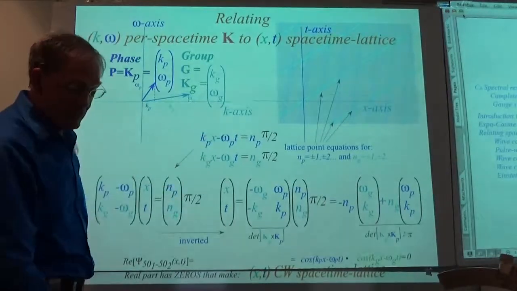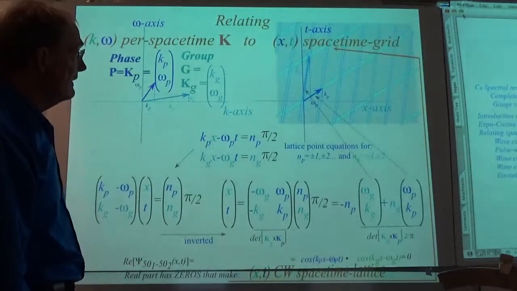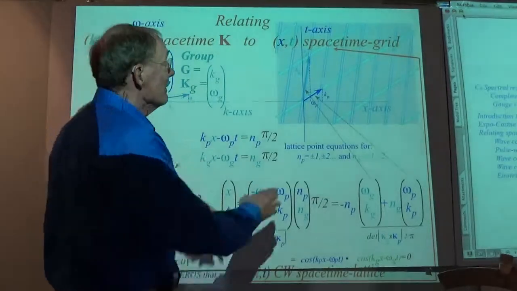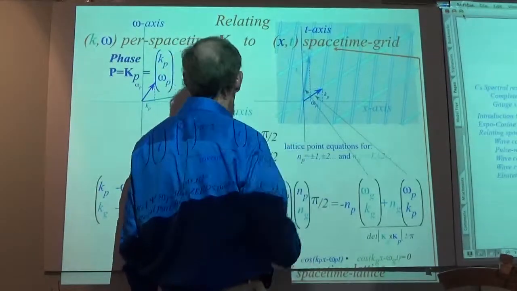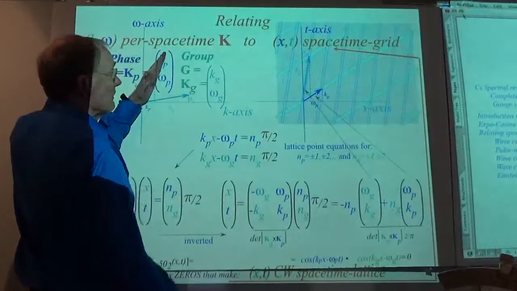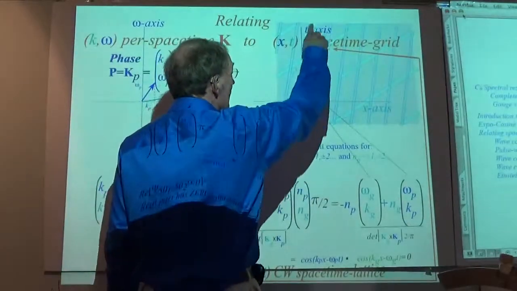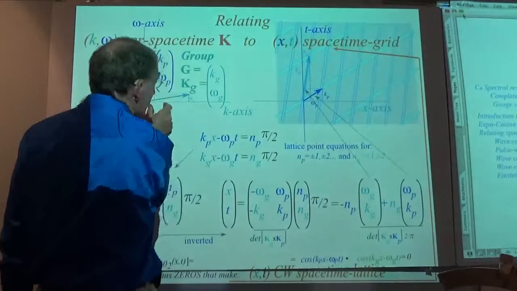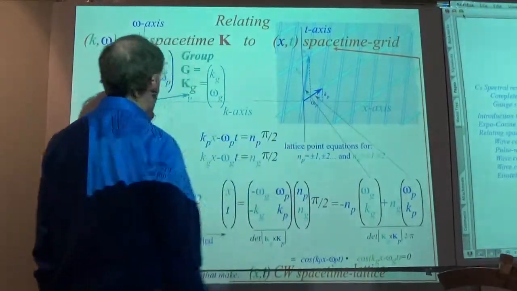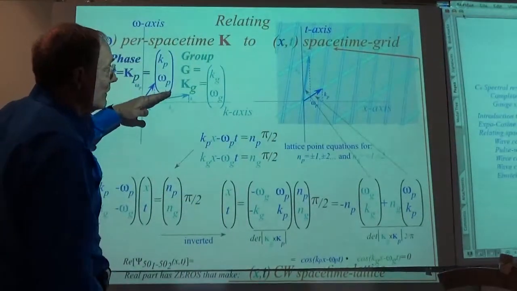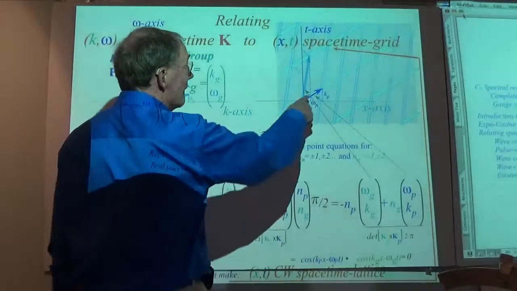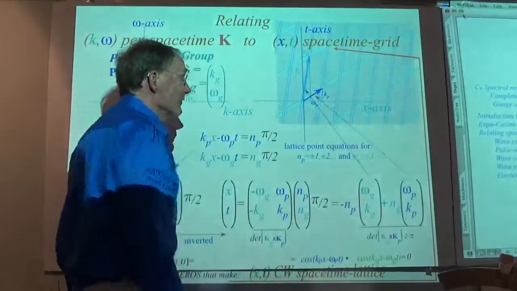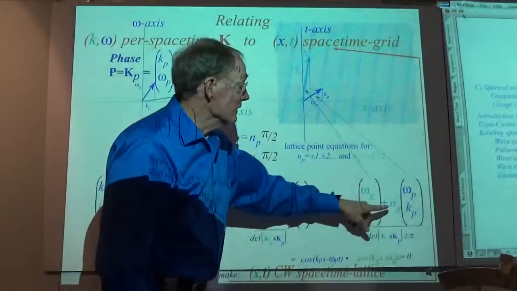That's what the unit vectors are going to be. And that's what they look like. If the vectors look like this, the lattice is going to look like that. I got to flip this guy around the 45 to give this one. That'll give me these lines. As soon as I find this one, which is flipped down to here. It's down here. This one's up there. So those are the unit vectors. That's your lattice.